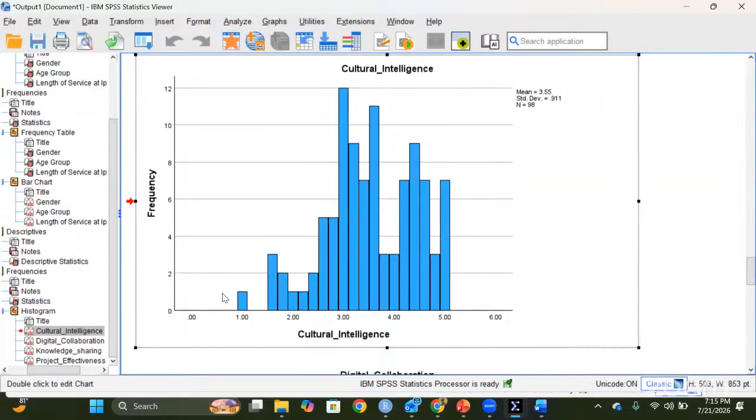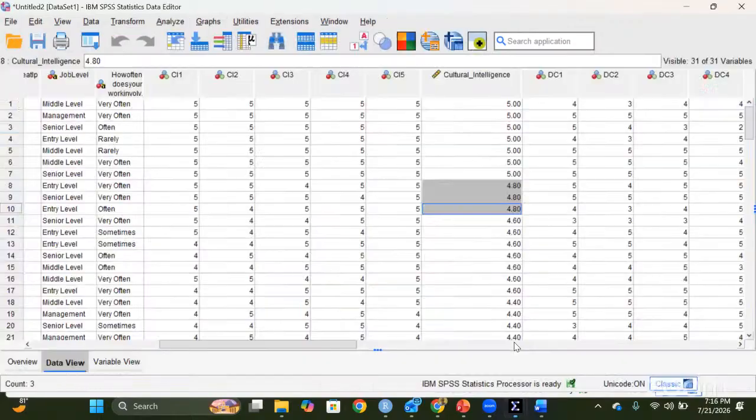I have a question concerning this ascending sort that you did. Can you go back to the data view? Now that you did this in ascending order, usually in Excel, if you're not careful, only that particular column moves to an order, scattering your responses.